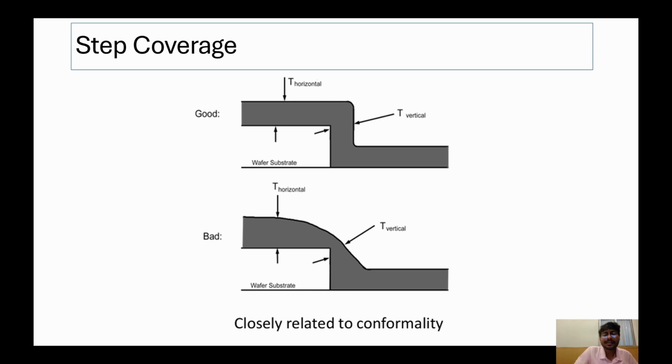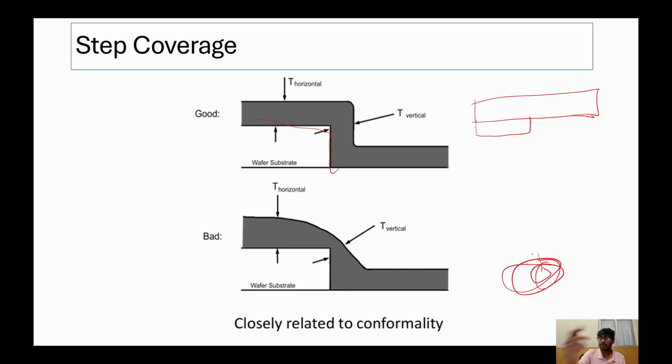Now this is the same thing that is step coverage, if it is perfectly following the step. You have a substrate and there is a step height, and you are thermally evaporating some material to deposit. In that case, it will go like this, like this, like this.